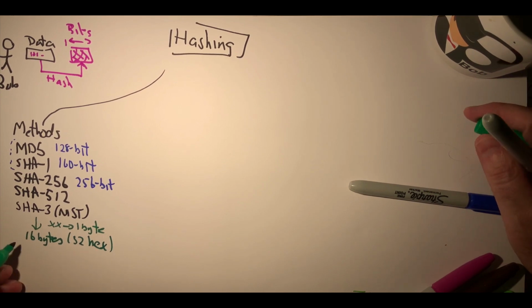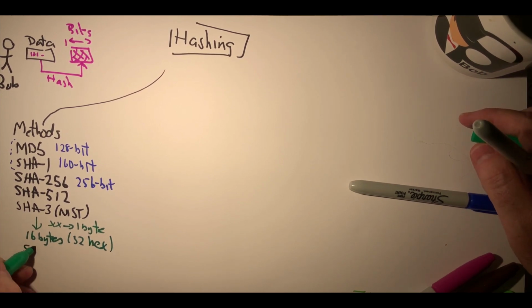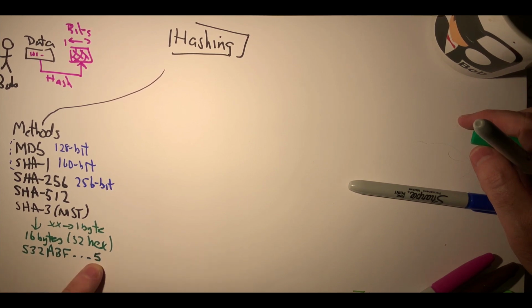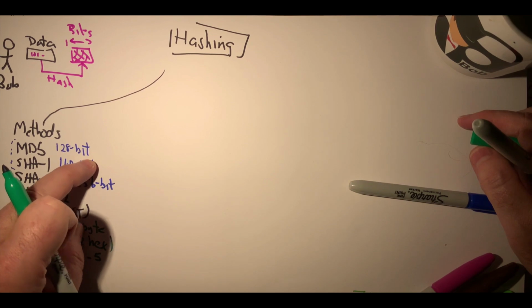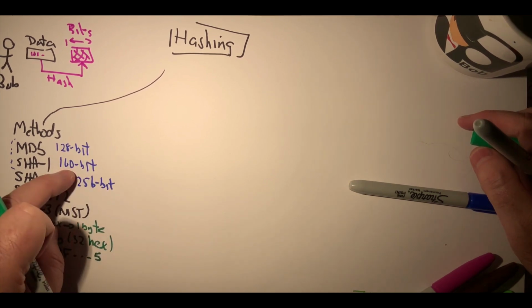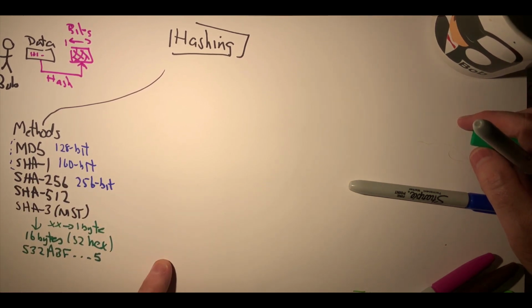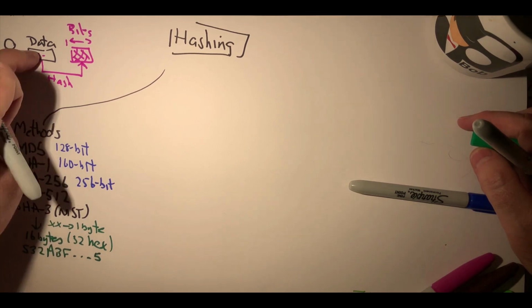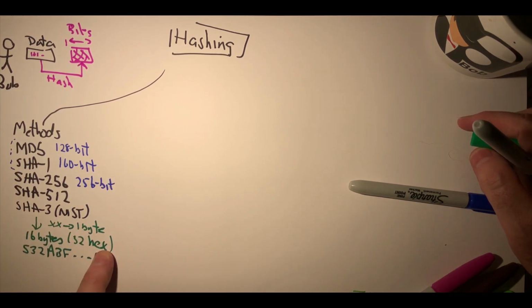Our format might be something like 53 2A B F 5. That would be our hex signature for an MD5. Obviously, if we're using 160 bits, then it will be a longer hash. And we only have to change 1 bit of our data to produce a different hash.